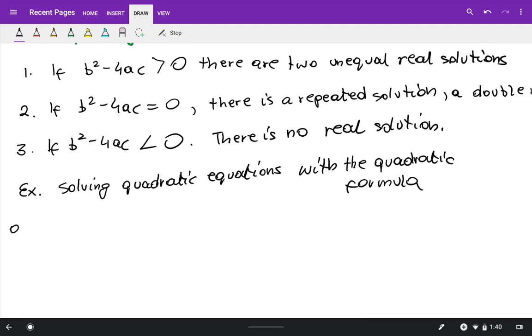So the first one which I want to solve is 2x squared minus 5x equals negative 3. Okay.